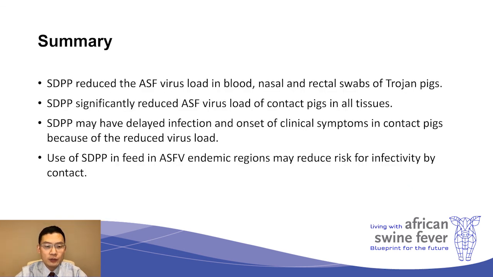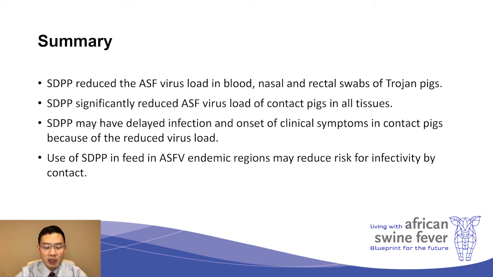So, in conclusion, we see a dietary strategy including inclusion of spray-dried porcine plasma really significantly reduced the African swine fever virus load of pigs in those tissues, in those lymph nodes. Also, it reduced the virus load in the blood and nasal swab and rectal swab as well.